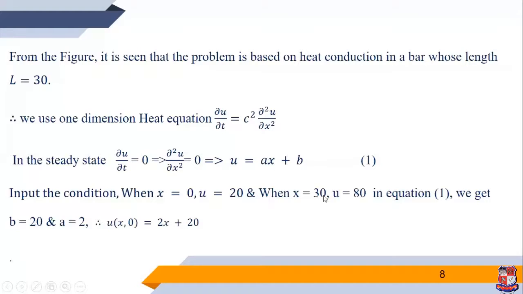And then we input x is equal to 30, u is equal to 80, and the value of B is equal to 20, we get A equal to 2. So therefore, the initial condition u(x,0) is equal to 2x plus 20.